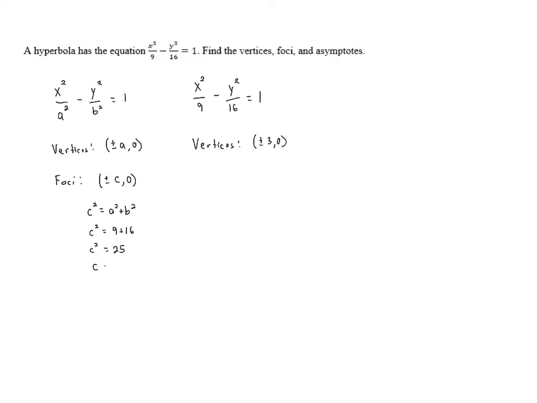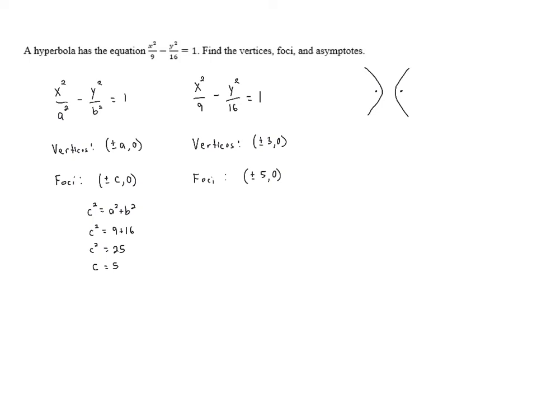And if c squared is 25, that means c is 5. So the foci are going to be located at plus or minus 5, comma, 0. Remember, when we have a hyperbola that's opening like this, the foci are even further away from the center than the vertices are. So we've got plus or minus 5, comma, 0 instead of plus or minus 3, comma, 0.